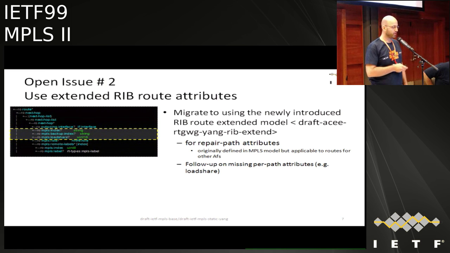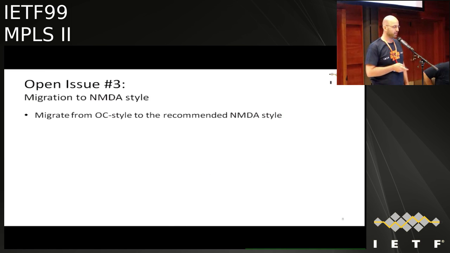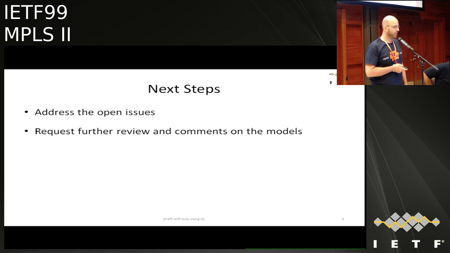There is an open issue to migrate to NMDA. I think the recommendation is to go ahead with that, and we will do that. So these are the next steps to address the open issues that I presented, and we request further review and comments from the working group. Thank you.